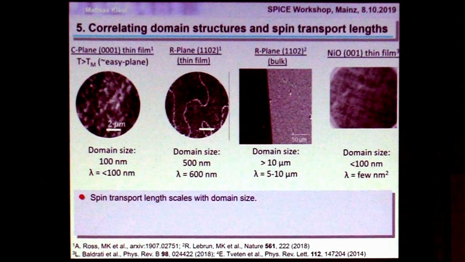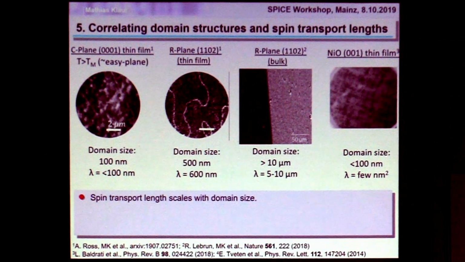I have no proof of that, but there are all these claims in the literature. If you have a nickel oxide single crystal, you pinch it with tweezers, it changes the domain structure. Can you roll it up? Sorry? If it's thin, it can roll up. Yes, I agree. But I think the problem with the thin films is that the local growth defects lead to local variations of the easy axis, making the small domains.